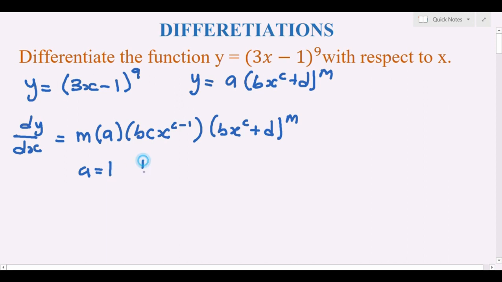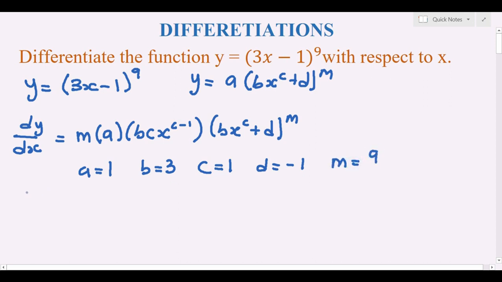Our b is the coefficient of x within the bracket, which is 3. Our c is the power of x within the bracket, which is 1. Our d is the constant minus 1, and our m is equal to 9.